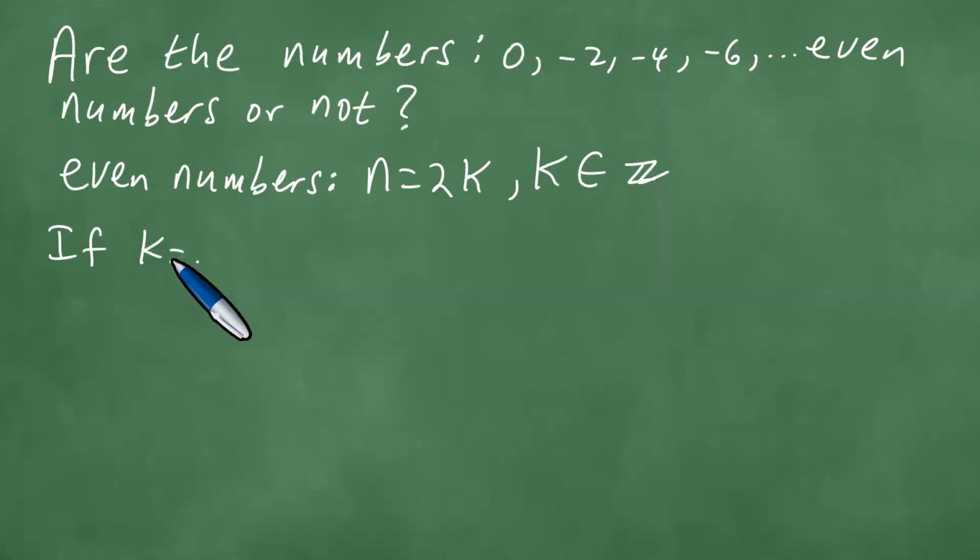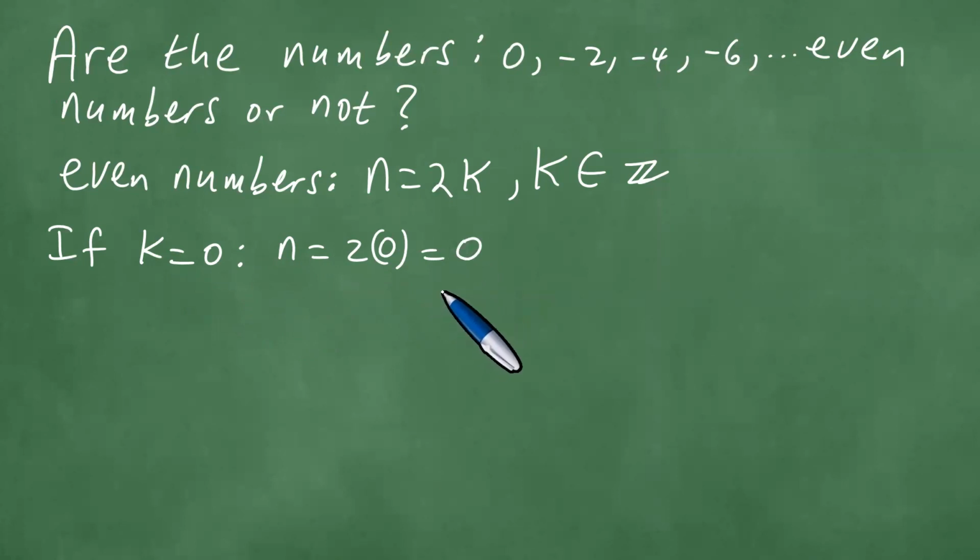Case 1, if k is 0, it means therefore 2 times 0 is equal to 0. And it means that 0 itself is indeed an integer, but most importantly, this implies that 0 is an even number.